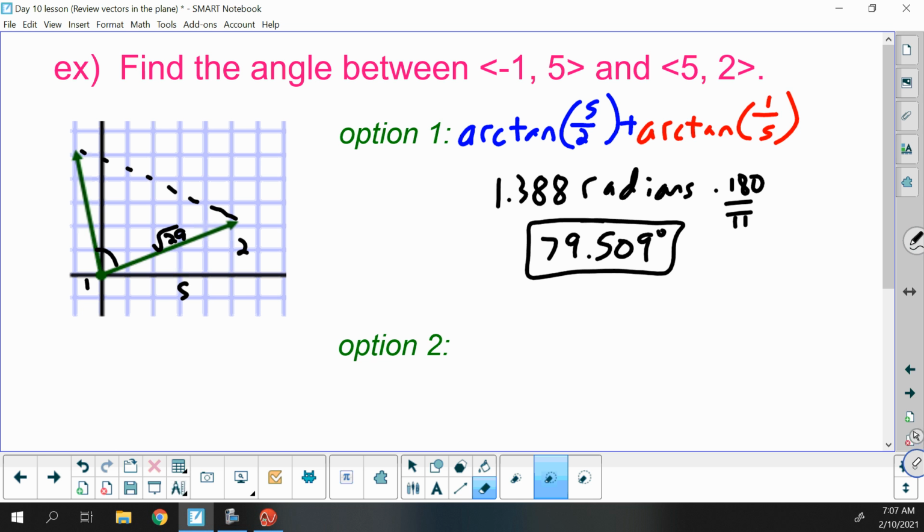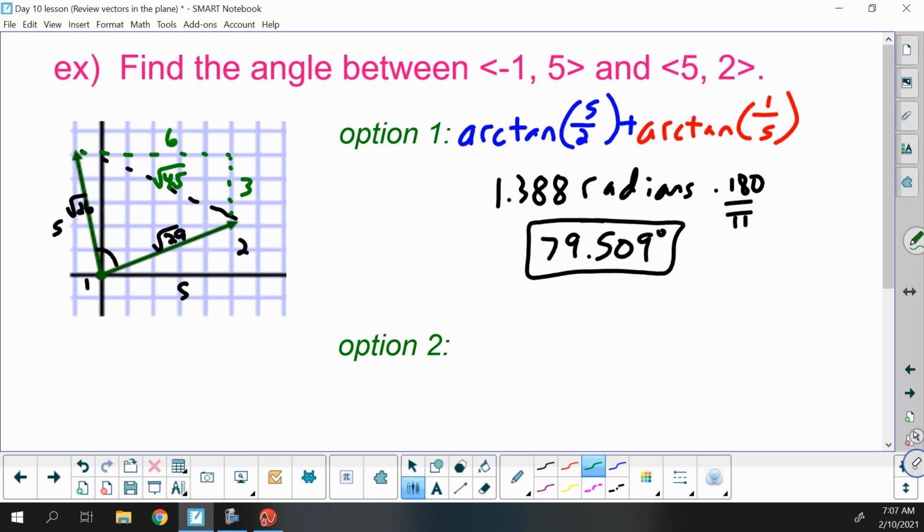For the left-hand vector, we went 1 left and 5 up. So from a Pythagorean theorem, that's going to be square root of 26. Now to figure out the length of your other one, imagine it's the hypotenuse of a right triangle for a second. This would be 3. This would be 6. So 6 squared is 36, 3 squared is 9. Put them together, you get 45. So this is square root of 45.